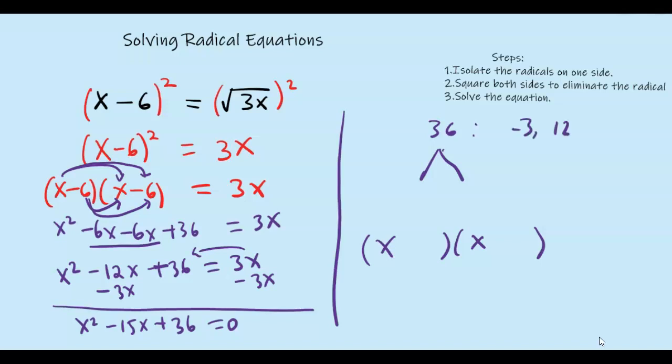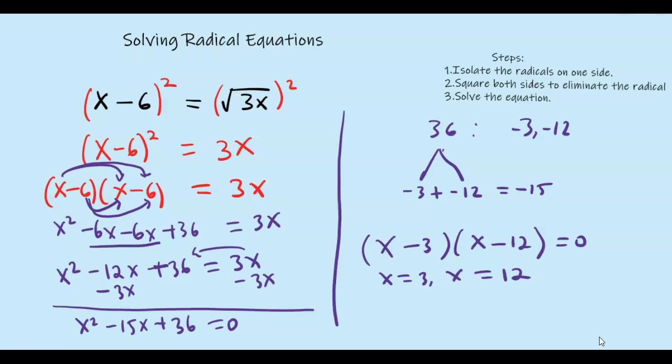If we put negative, negative, we multiply these two numbers, we get positive 36, and when we add them, we get negative 15. So it satisfies, and we can put it here as such. These are the factors, and the solution is x equals 3 and x equals 12.